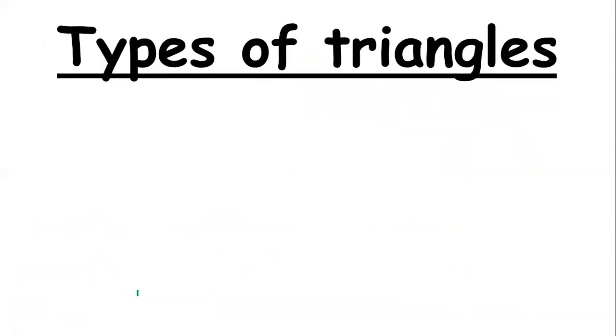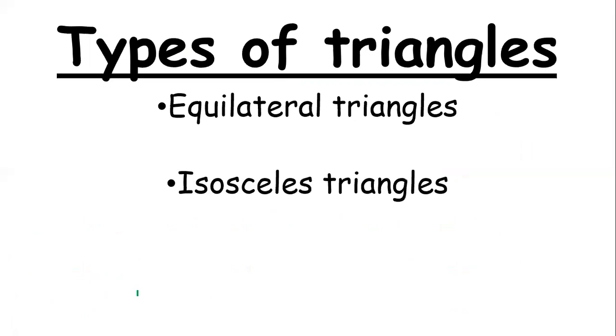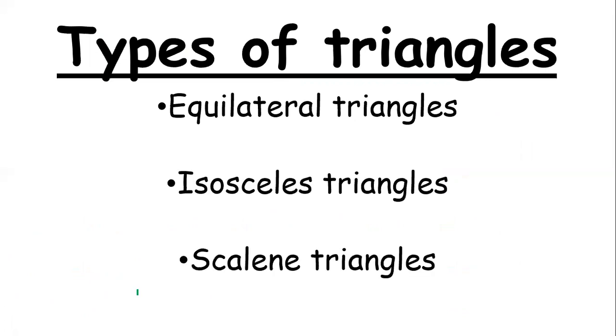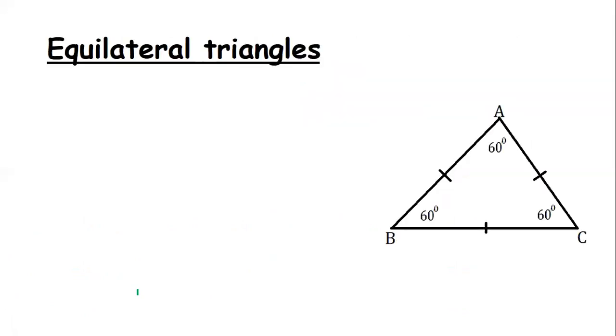Moving on, types of triangles. The main types of triangles we've got are equilateral triangles, isosceles triangles, and scalene triangles. Right, equilateral triangles. These are triangles like this one here. This triangle, we call it an equilateral triangle.